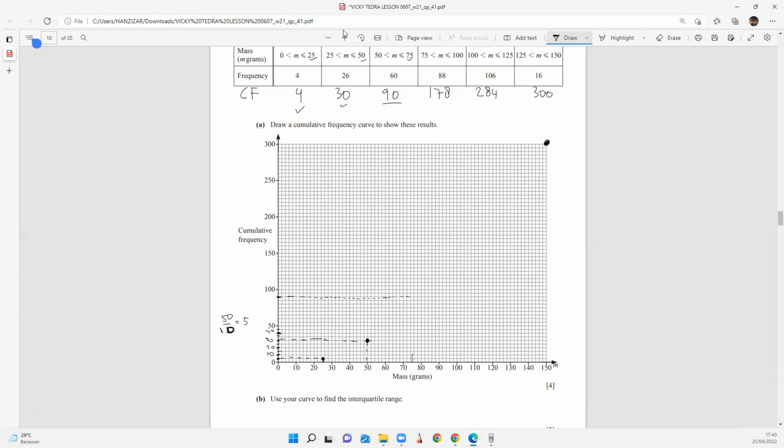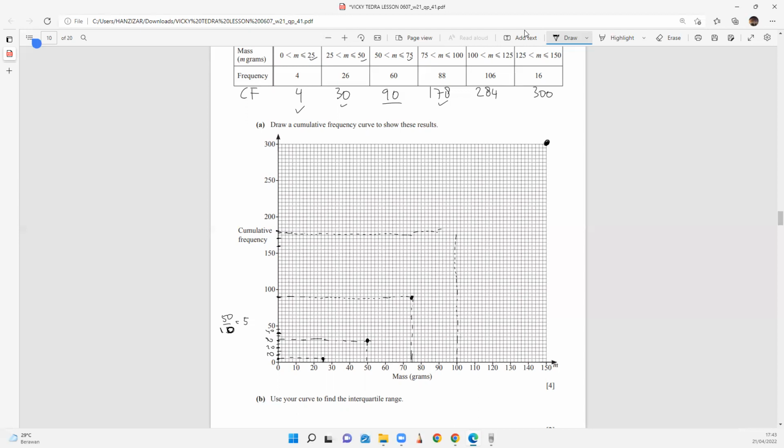Oh man, sorry if my drawing is so bad, because in this PDF I don't have the ruler tools. And done. 75 to 100, 178 is about 60, 70, 78 here. Yeah, a bit lower, right? And it has to reach the number 100. There you go.